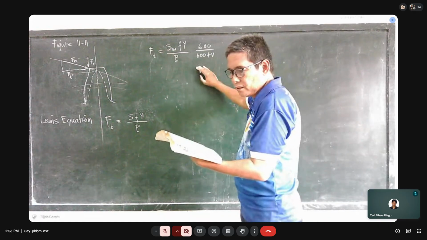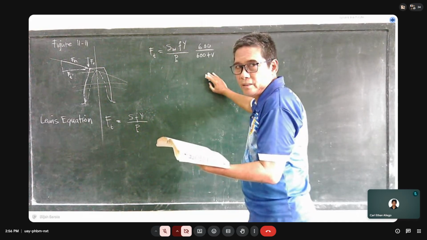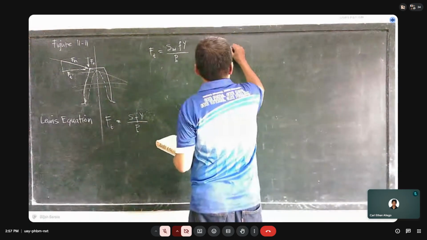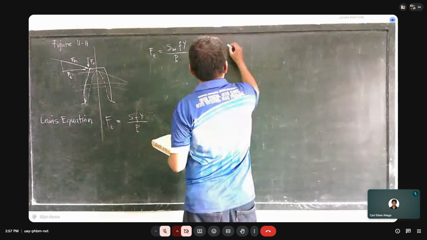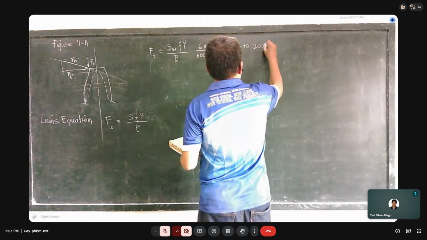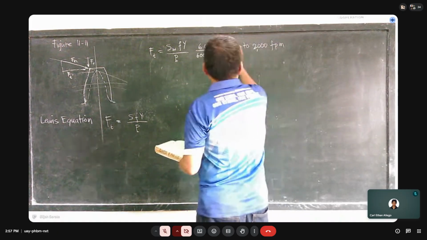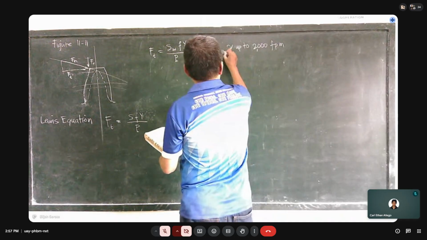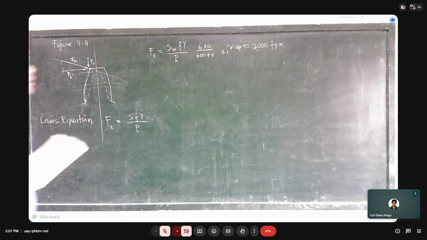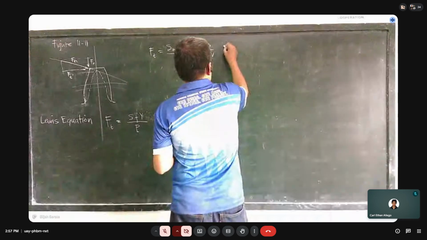It is for ordinary industrial gears operating at velocities up to 2,000 feet per minute. That is the formula, 11-12.